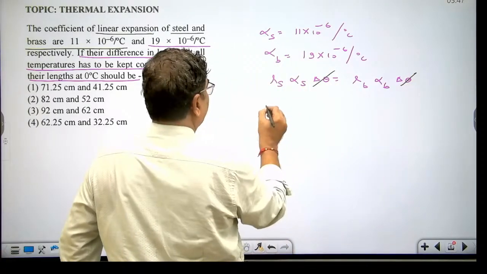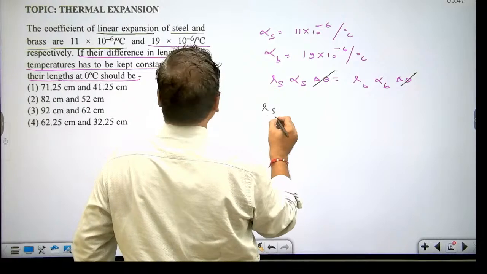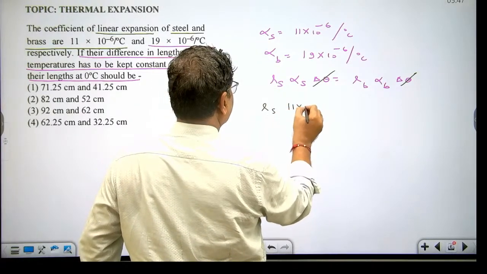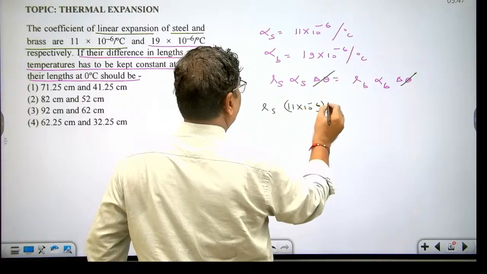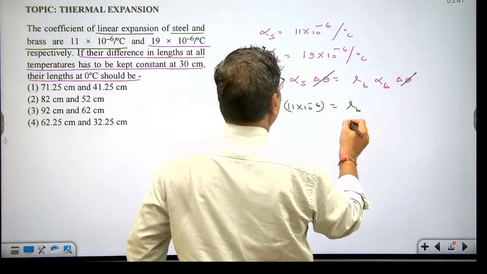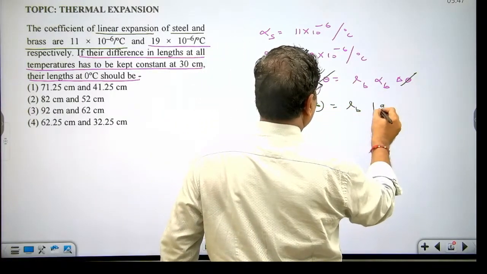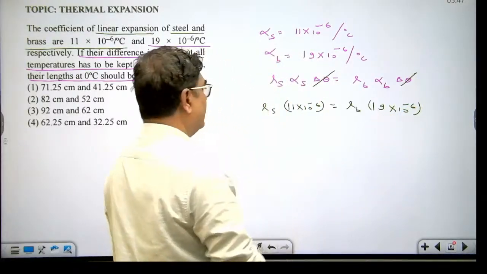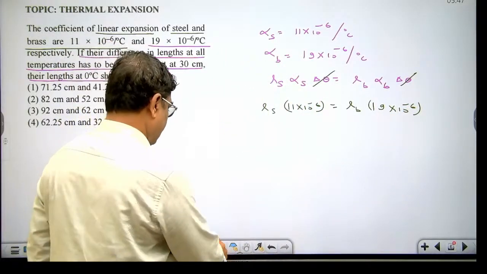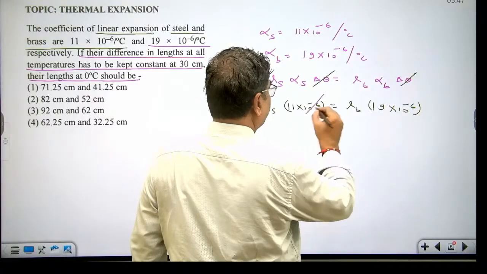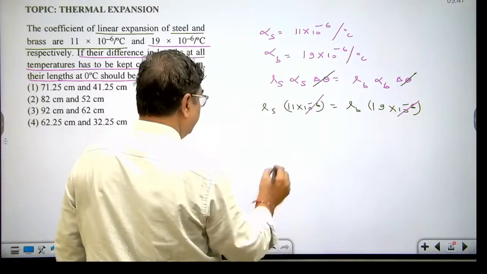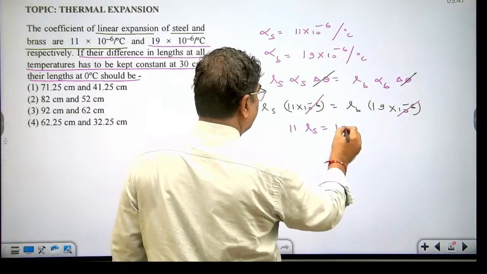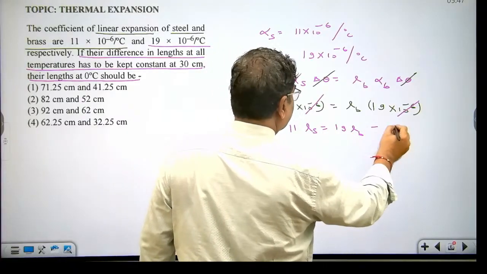We will get L steel, alpha steel, means 11 into 10 power minus 6, equal to L brass, alpha brass, equal to 19 into 10 power minus 6. Now cancel 10 power minus 6 on both sides. We will get 11 LS equal to 19 LB. This is equation 1.